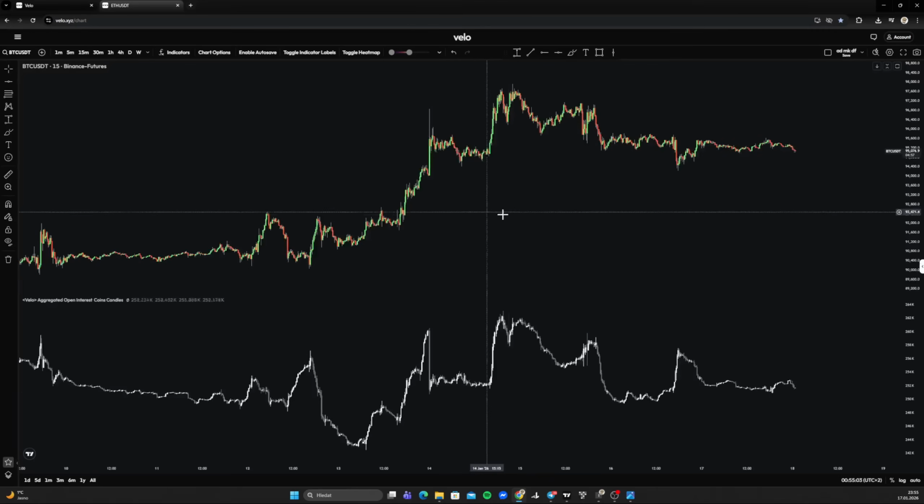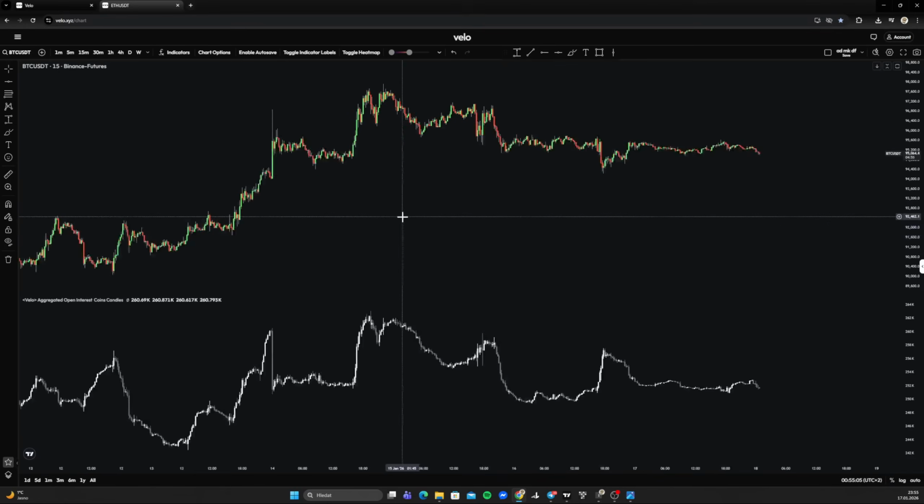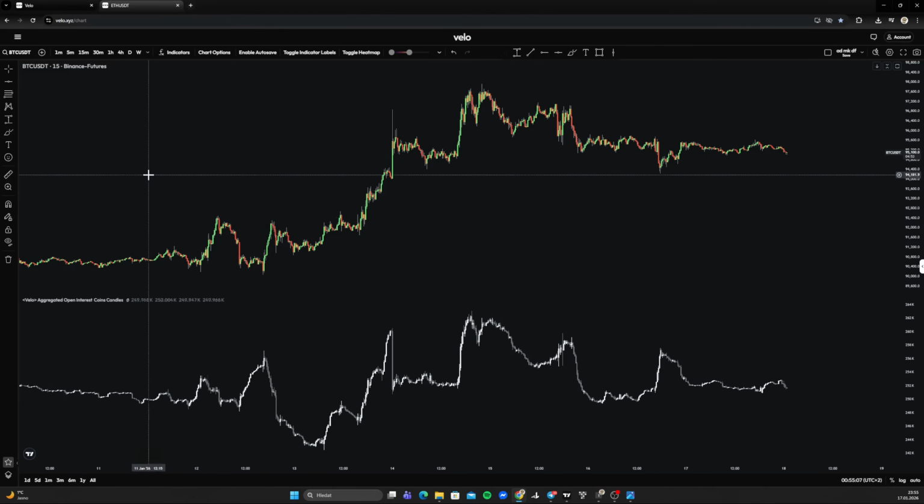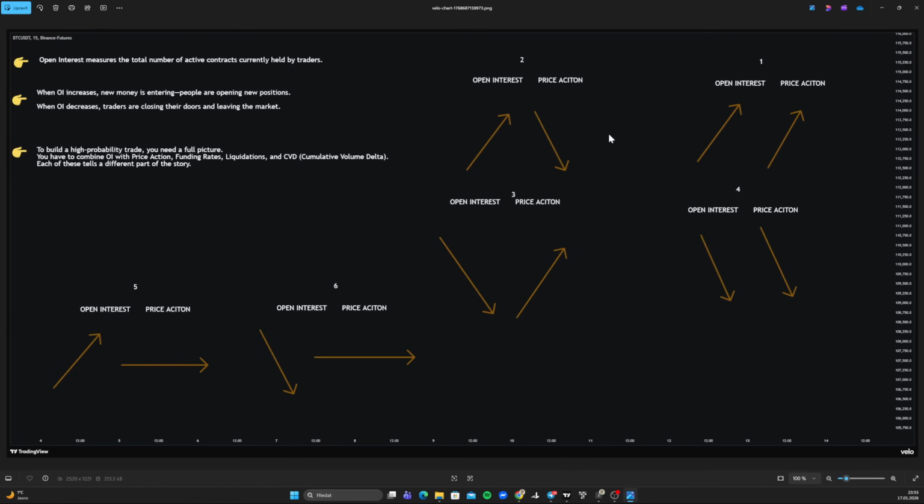As I said before, open interest tells you more about the positioning in the markets. The first scenario was open interest up, price action up.